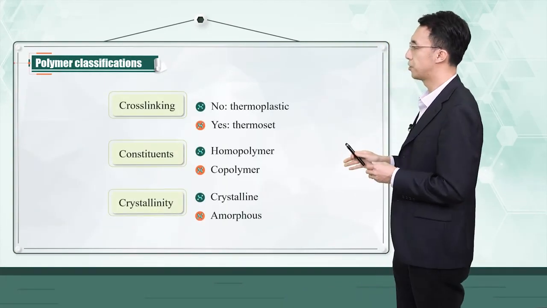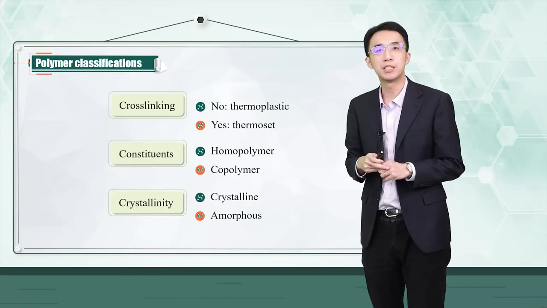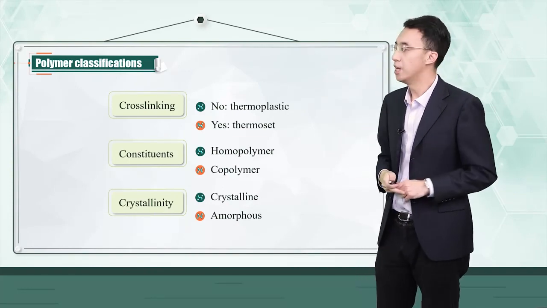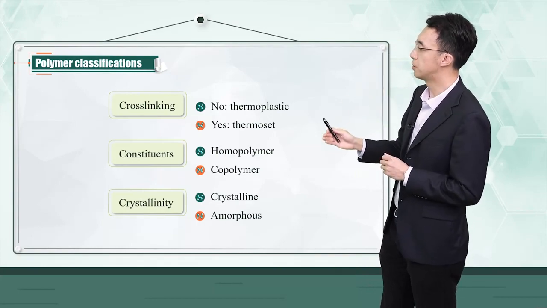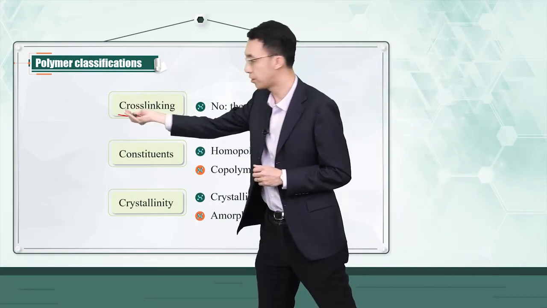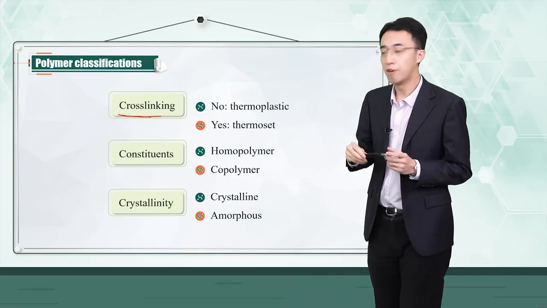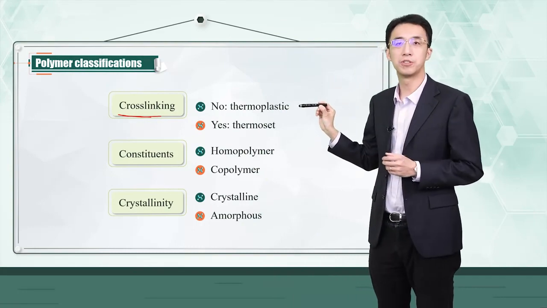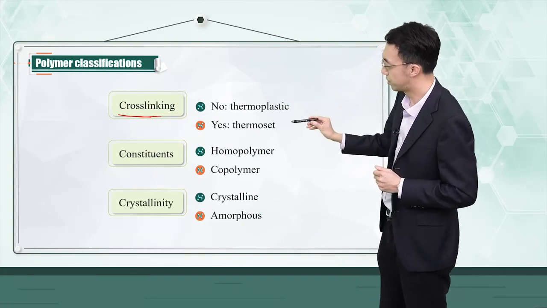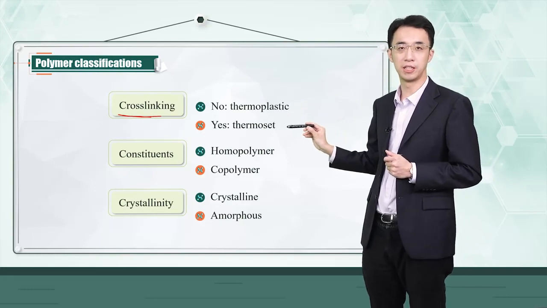To summarize a little bit, polymers can be classified into different types. If you define different polymers by the degree of their cross-linking, they can be divided into thermoplastics, where there is no cross-linking, or thermosets, where there are cross-linkings.